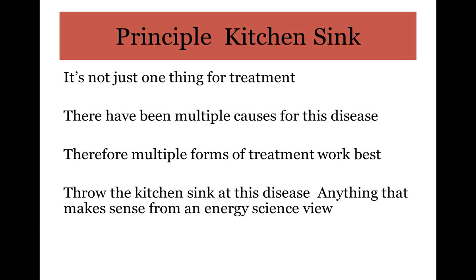So we want to reduce our needs for manufactured foods. We want to reduce our use of carbonated drinks. We want to reduce the hot, spicy foods that we may be craving because of our imbalances that are present.